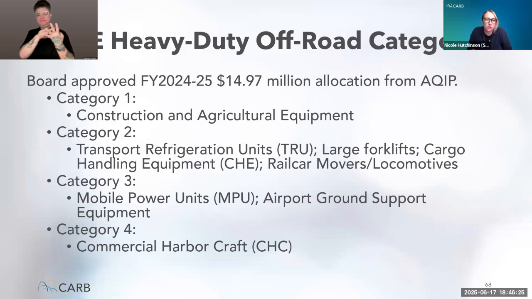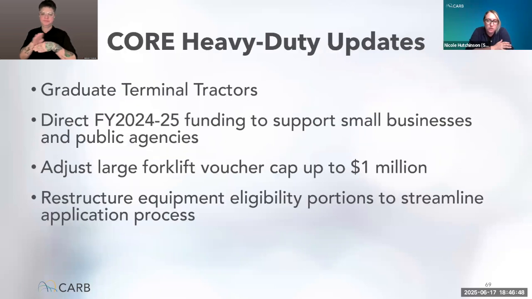So we have the construction and ag equipment category, then forklifts, cargo handling equipment, transport refrigeration units, and rail car movers and locomotives. The third category is mobile power units and airport ground support equipment. And the final category is commercial harbor craft. We don't want to keep these groupings going forward, but with the limited budget, this is what we've got to do this year. All right, next slide.